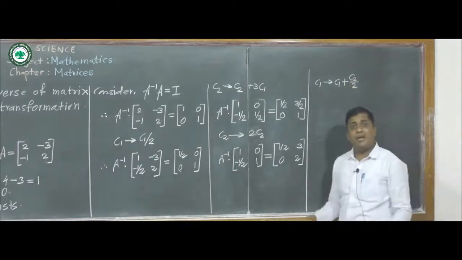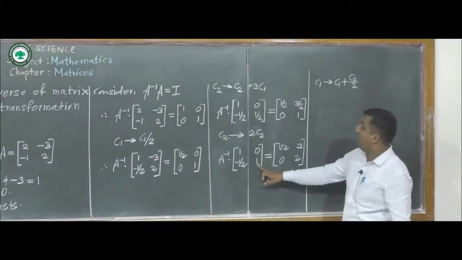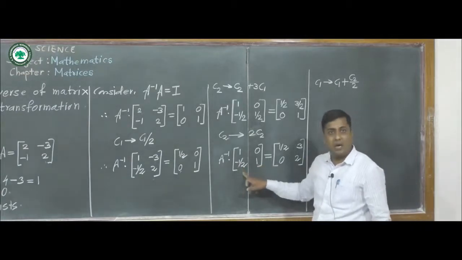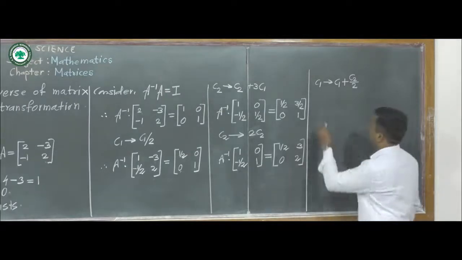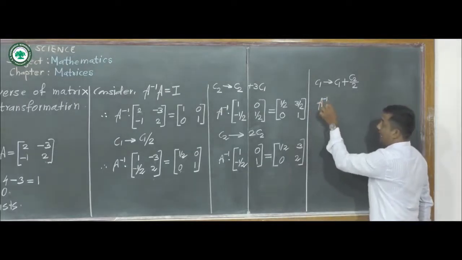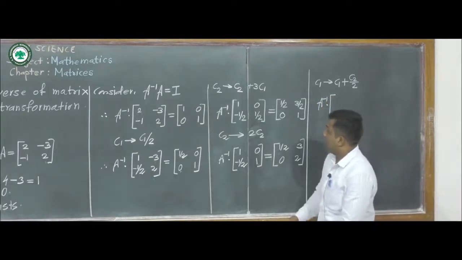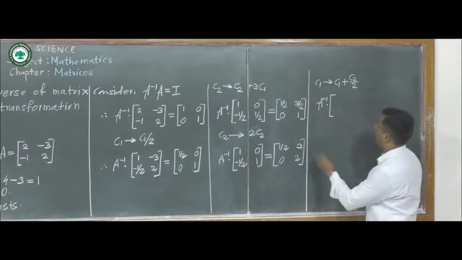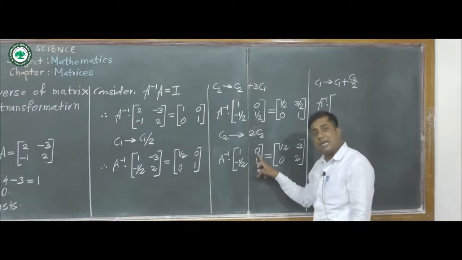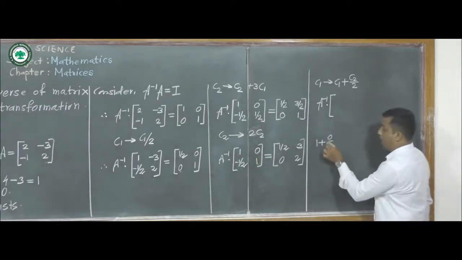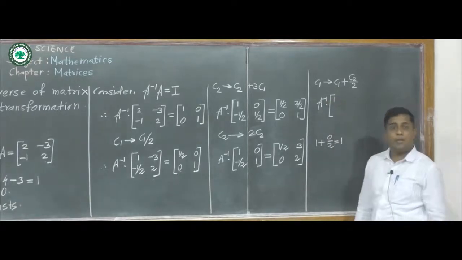That is we divide each element of column second by 2, and we add this with minus 1 upon 2, that is every element of column first. So inside, firstly A inverse as it is, then inside the matrix, in the column first we have 1, so 1 plus the first element from column second, which is 0, so 0 upon 2, and lastly we get 1.